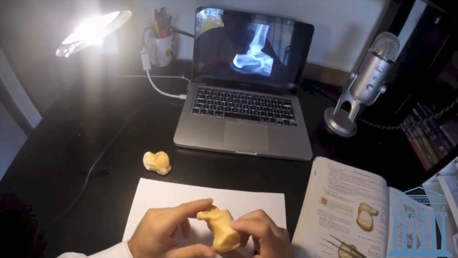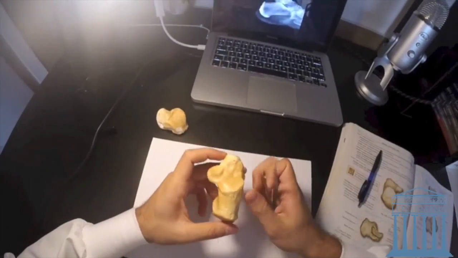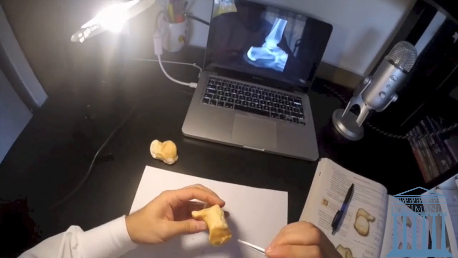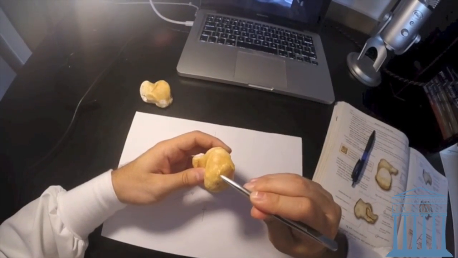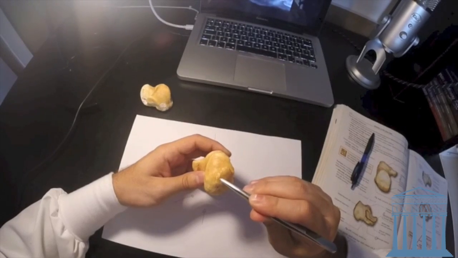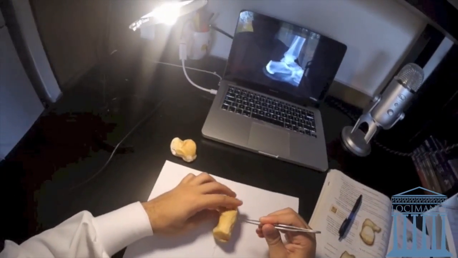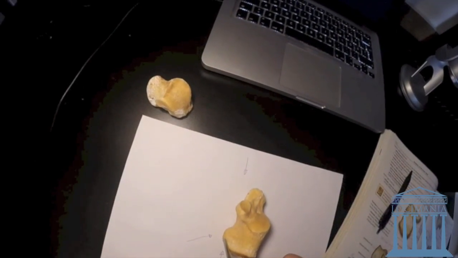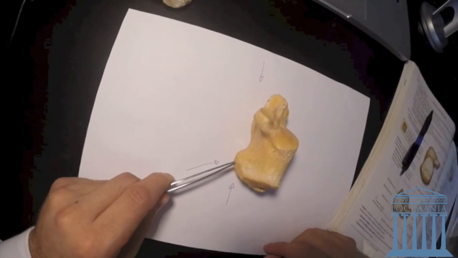So let's just make a pin test of this bone. So let's see here. What is this part? What's this part called? All right, let's go further. So what's that part there? Goes there. What is it called?